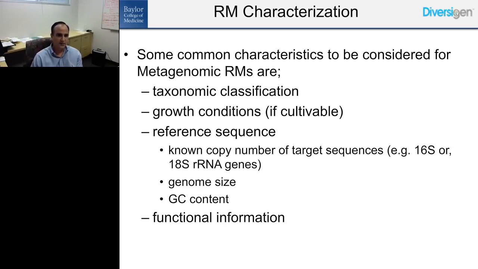And then you would want to know the reference sequence. For instance, is there a known copy number of target sequences, 16S, 18S? You would want to know the genome size, and then GC content, so you can account for any GC bias that you have. And then if there's functional information, you can make inferences as to what's going on in the community.